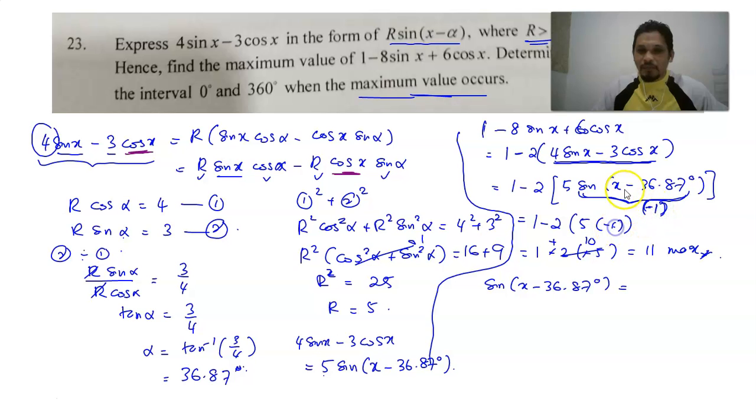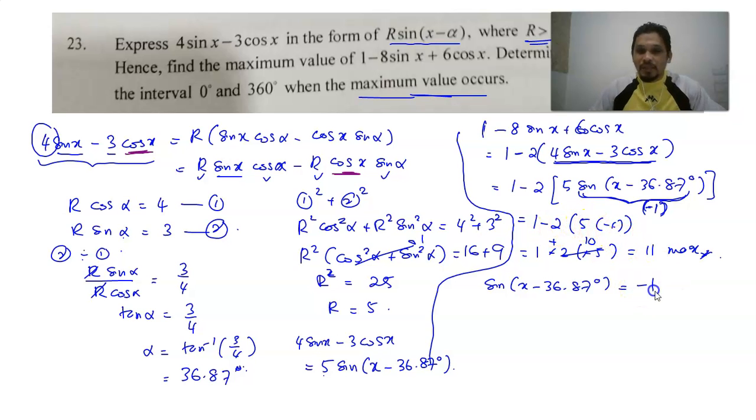We substitute negative 1 because for the sine and cos, the maximum is 1 and the minimum is negative 1. But then we substitute negative 1 here, with negative become positive, so 1 plus 10 equal to 11. If I substitute with 1 here, 5 times 1 equal to 5. 5 times 2 equal to negative 10. 1 minus 10 equal to negative 9. That will be the minimum.